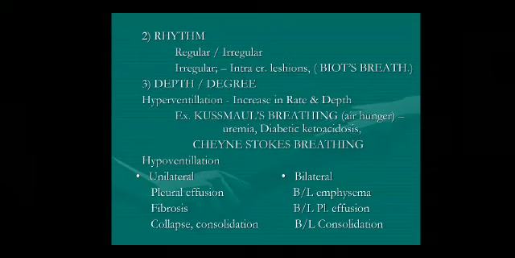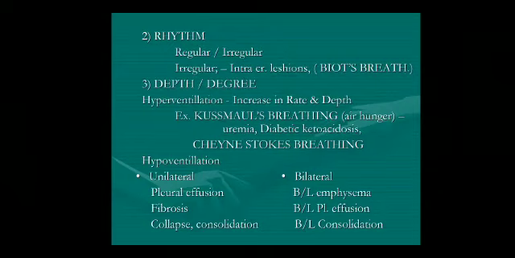Then depth: the respiration may be decreased unilaterally or on both sides. Unilateral restriction is seen in pleural effusion, pneumothorax, fibrosis, collapse. Whereas bilateral restriction of movements is seen in bilateral pneumothorax, bilateral consolidation, emphysema. All these are the causes for abnormality in the depth of respiration.